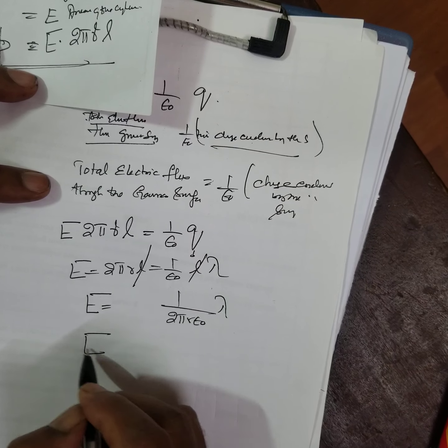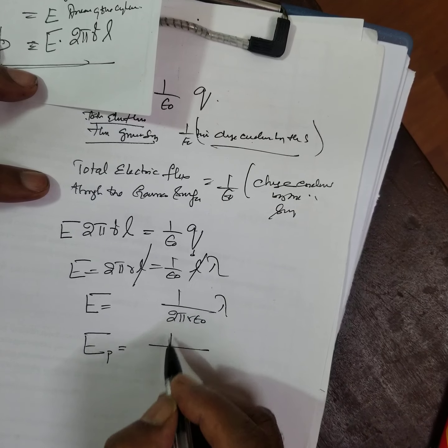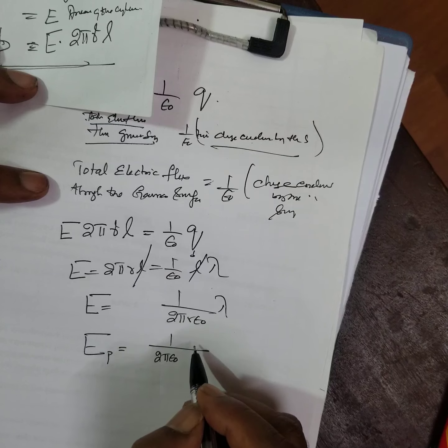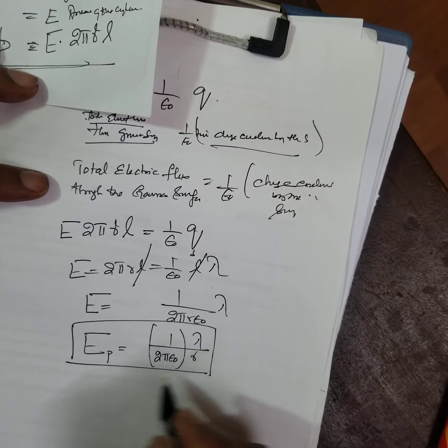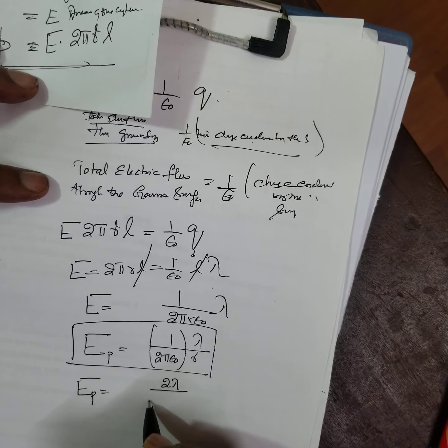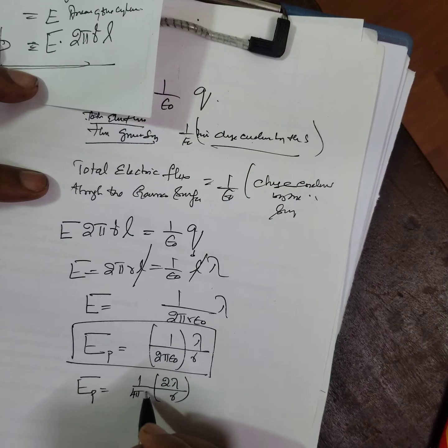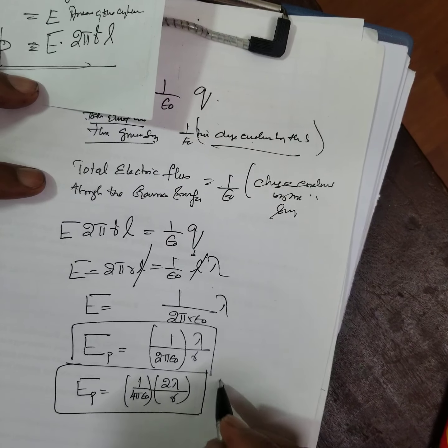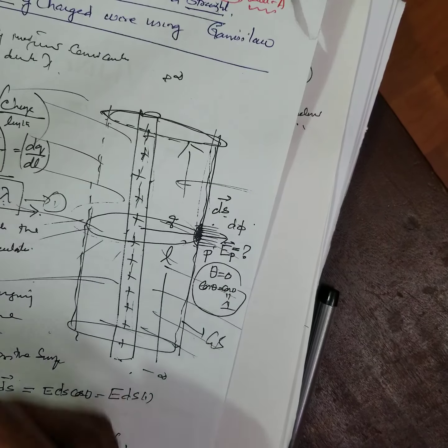Rewriting it properly, the electric intensity at this point is equal to 1 by 2 pi epsilon naught, lambda by r. Or you can write it by multiplying numerator and denominator by 2, so you get 1 by 4 pi epsilon naught times 2 lambda by r, in Newton per Coulomb.